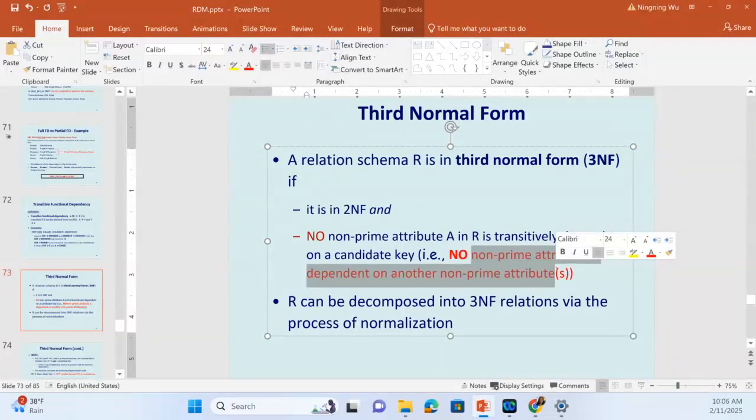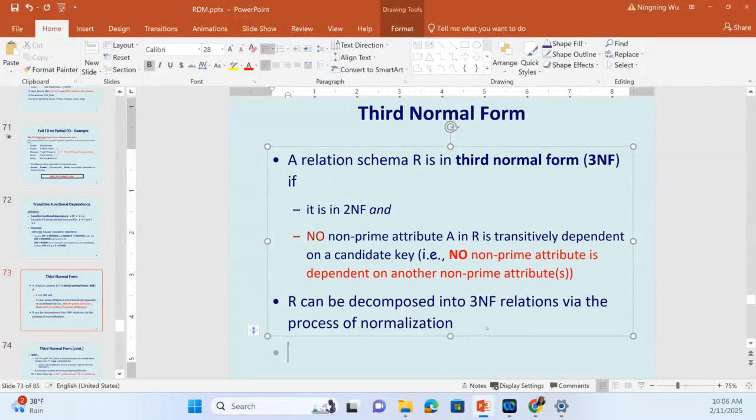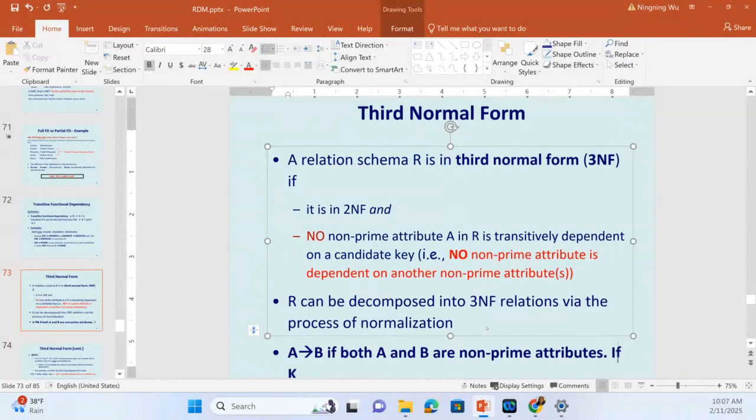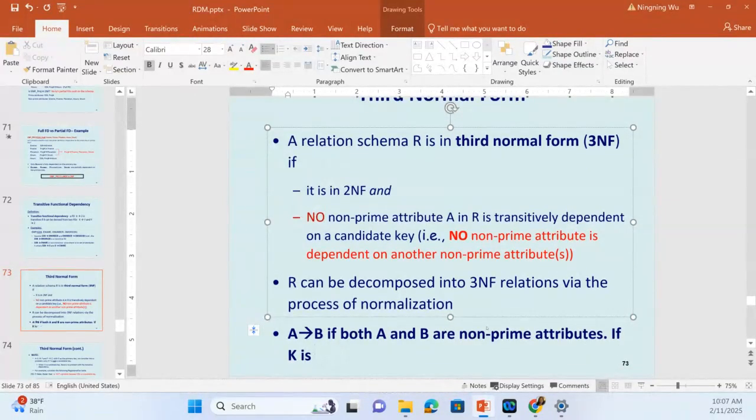The reason is very clear. If we have A determines B, and both A and B are non-prime attributes, and K is a key, or maybe a candidate key, then by default every key will determine all the other attributes.